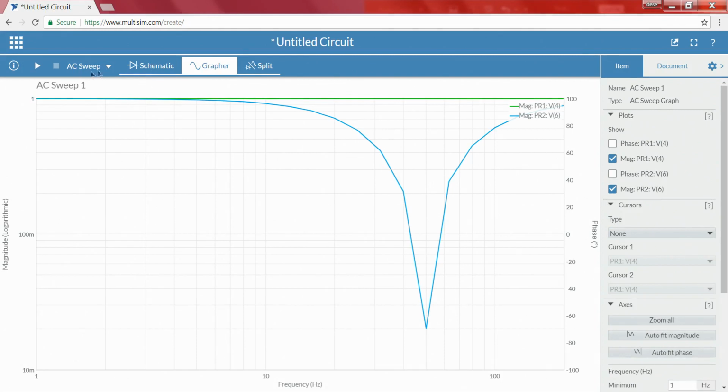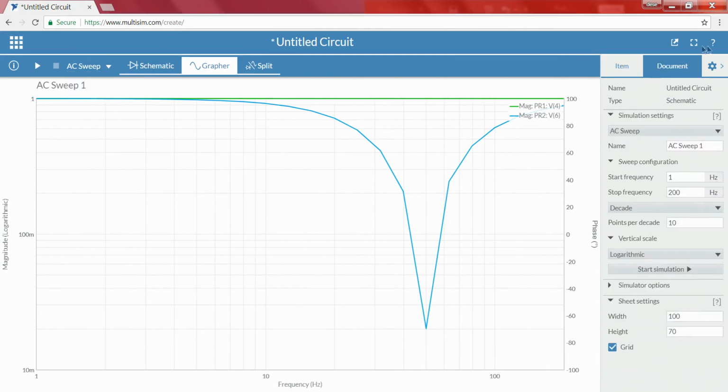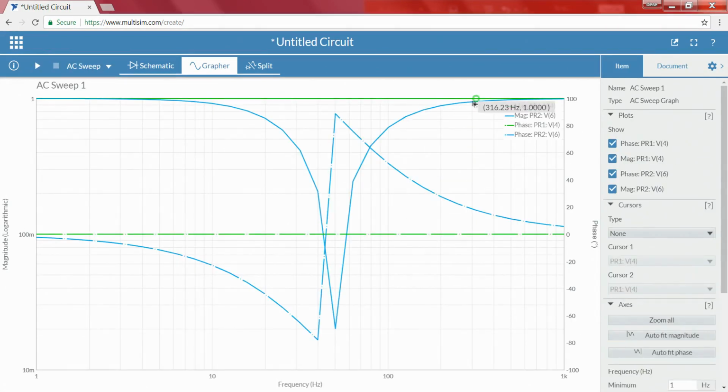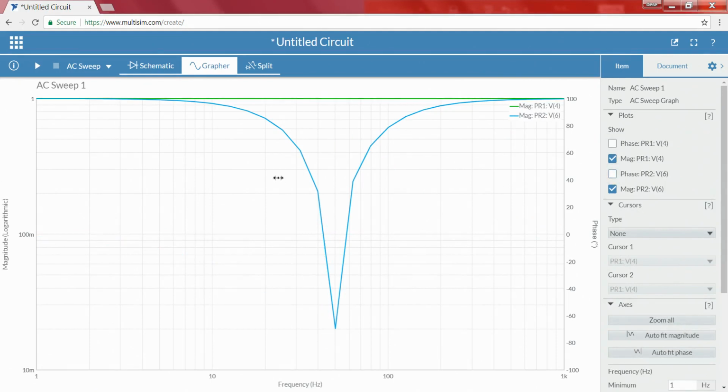Now, what we do is we will try to increase the frequency to somewhere around 1000 hertz, so that even the output can go to the maximum, the gain. And let me remove the phase values. Now, if we clearly see, this is 10, in the frequency domain.